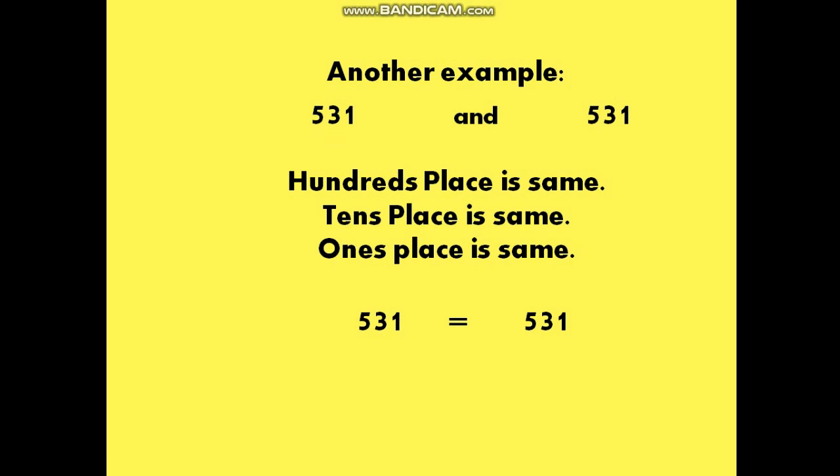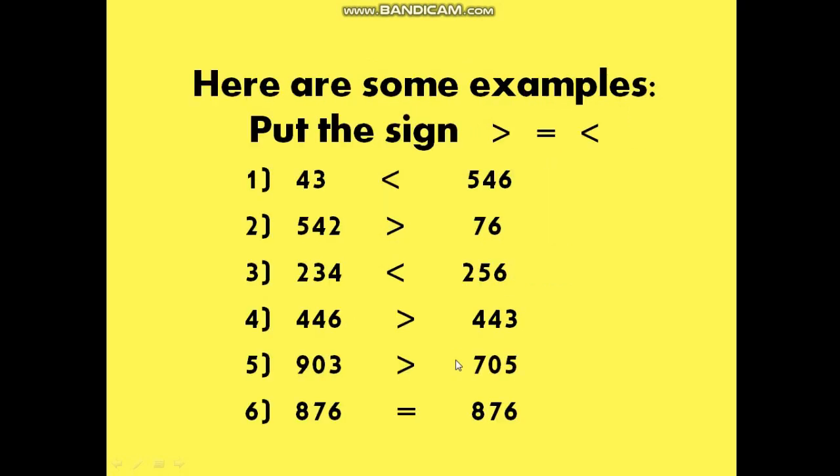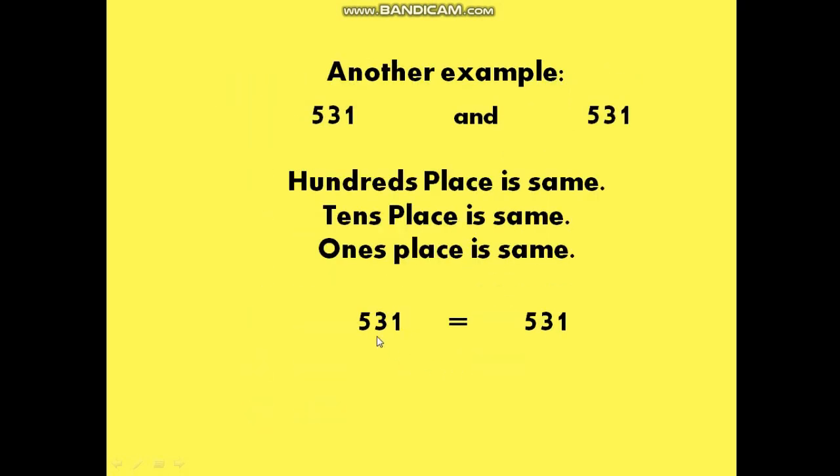And digits at the 1s place are the same in both these numbers. So they all are the same, so obviously the number is the same. So what do we do? We put an equal to sign. Which sign are we going to put? Equal to sign. So in comparison we have less than, greater than and equal to sign.